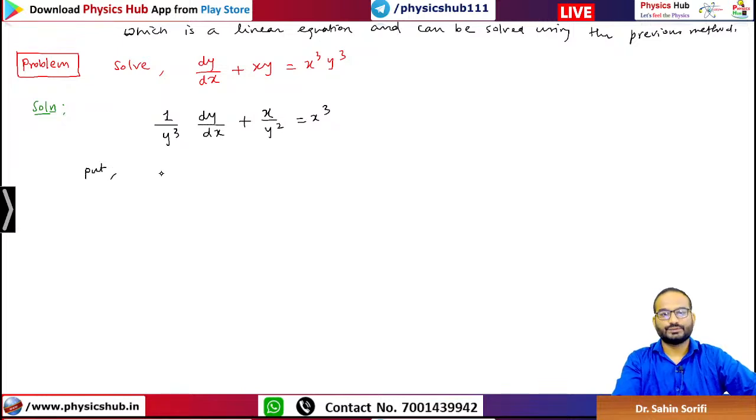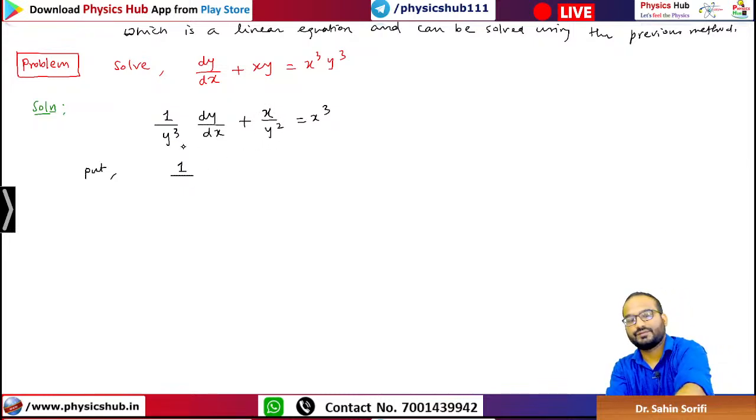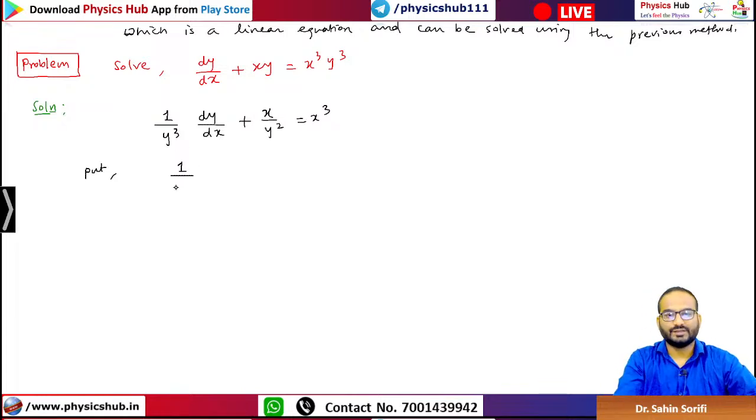Now what you have to put? 1 by whatever you will see here with x. So y to the power n minus 1, you have divided with y cube. So n minus 1 is y square. So 1 by y square equals z.